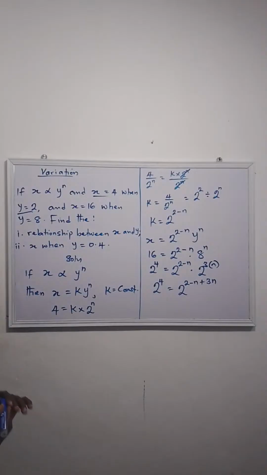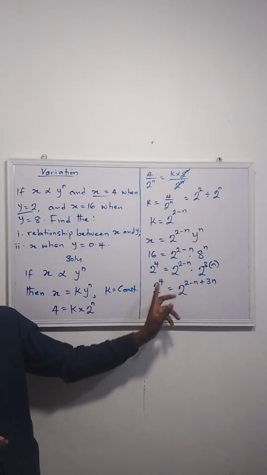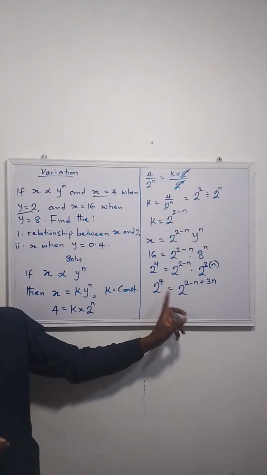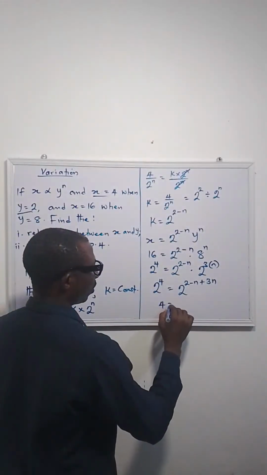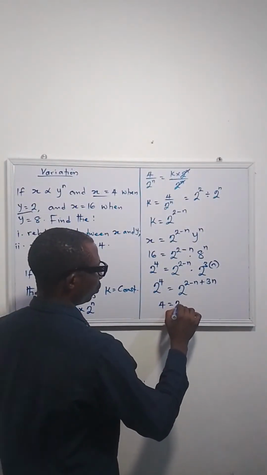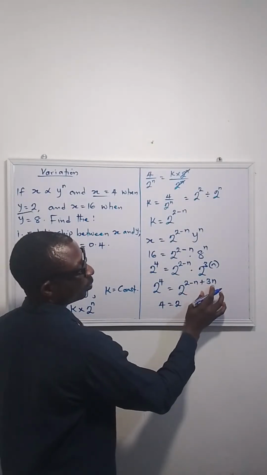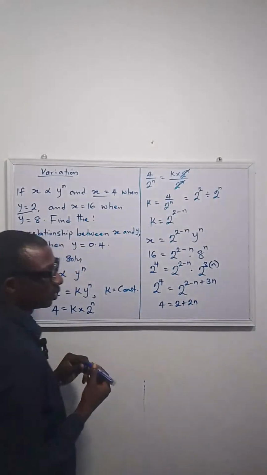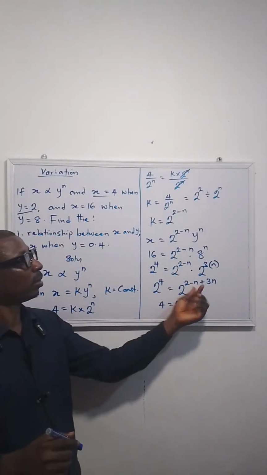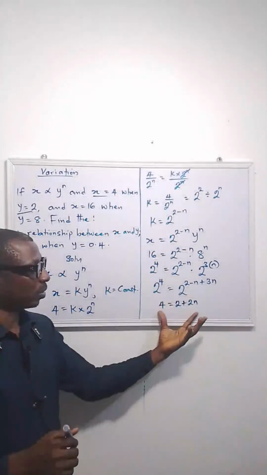From here, now you can equate the powers, since the base is the same. So you have 4 equals 2, minus n plus 3n. That gives you plus 2n. It's just like you are taking away n from 3n, so you have 2n.